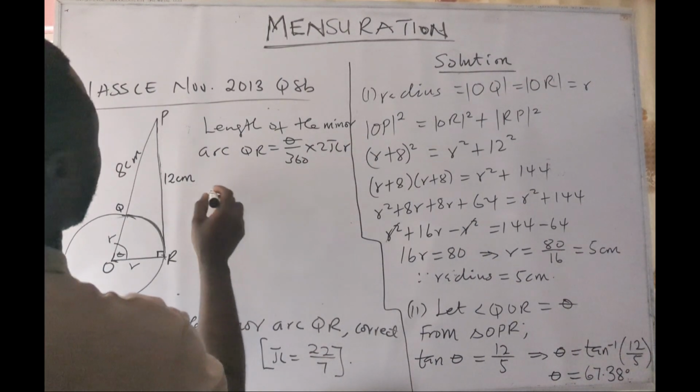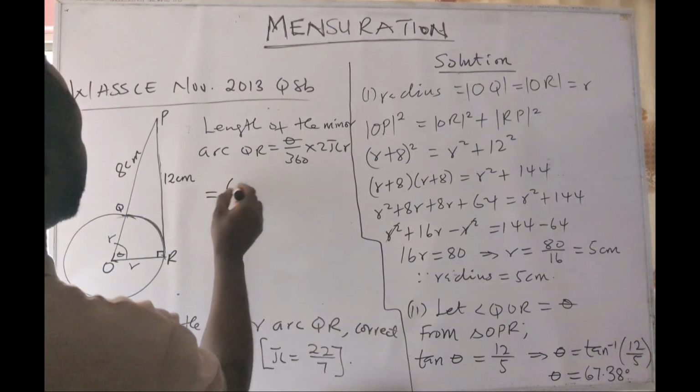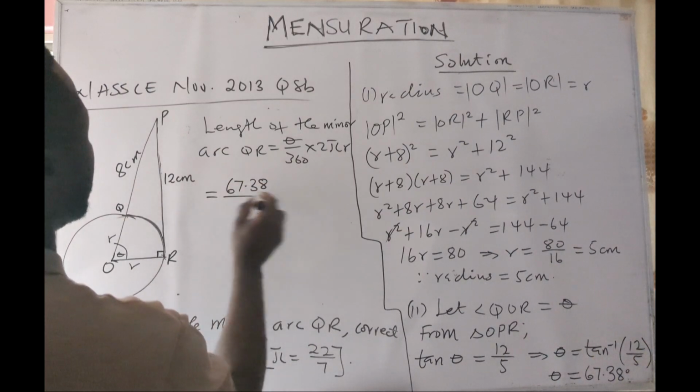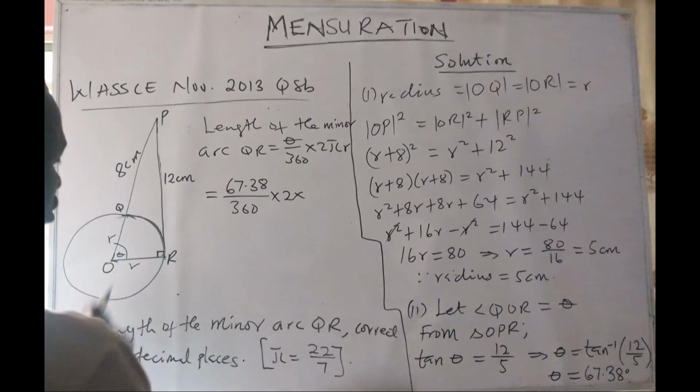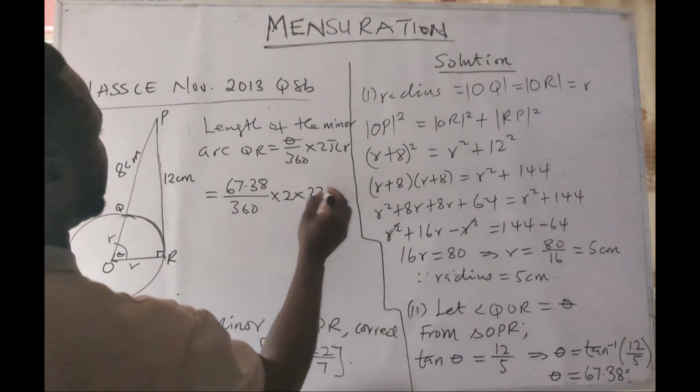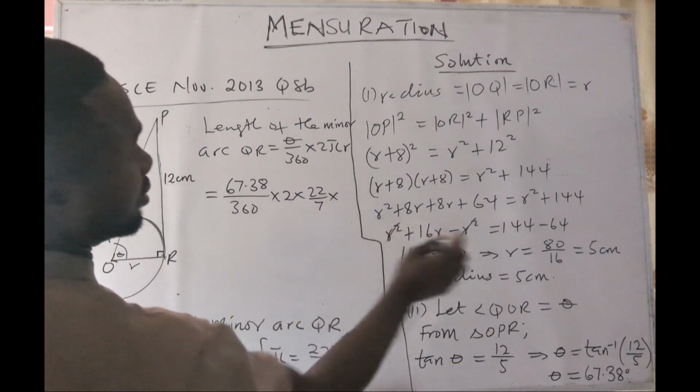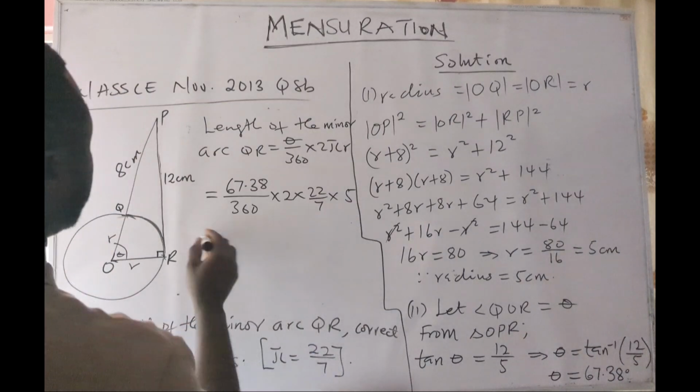So what is my theta? 67.38 over 360 times 2 times pi, which is 22 on 7, times the radius, which is 5.